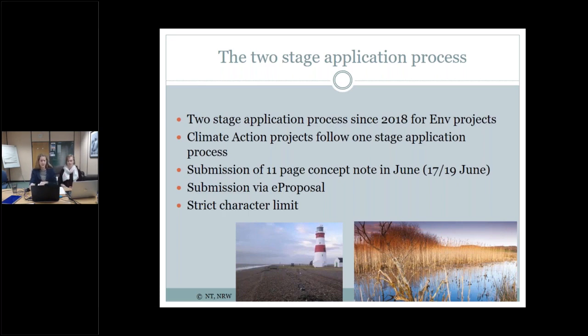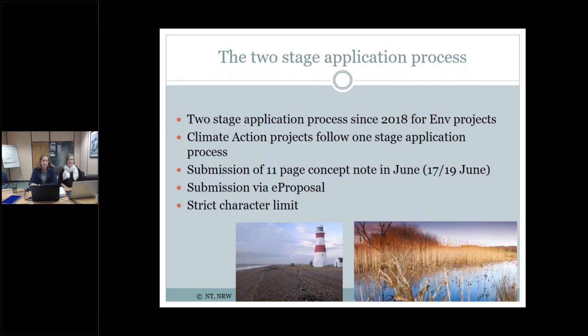I'm moving on to the 2-stage application process now. And as I've already said, the 2-stage application process was introduced in 2018 and continues to apply only for environmental projects. The climate action projects follow the 1-stage application process.